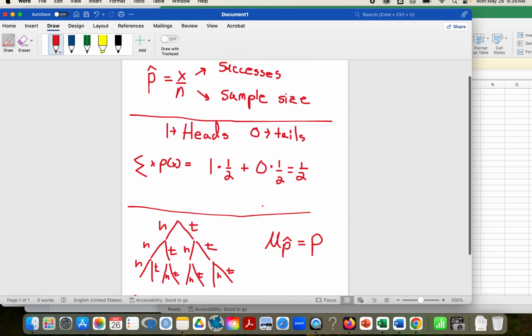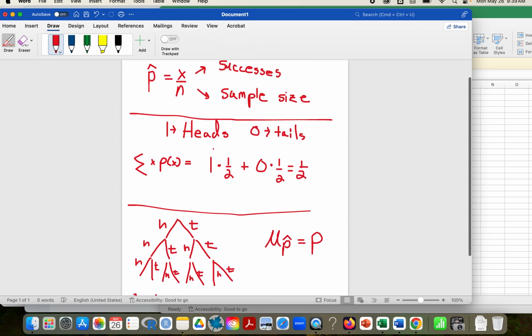And so if this is our population, we have the option of heads, we have the option of tails. We're going to use the probability formula for determining the mean, where we take the sum of x times p(x). And our first x is 1, and that can occur half the time.